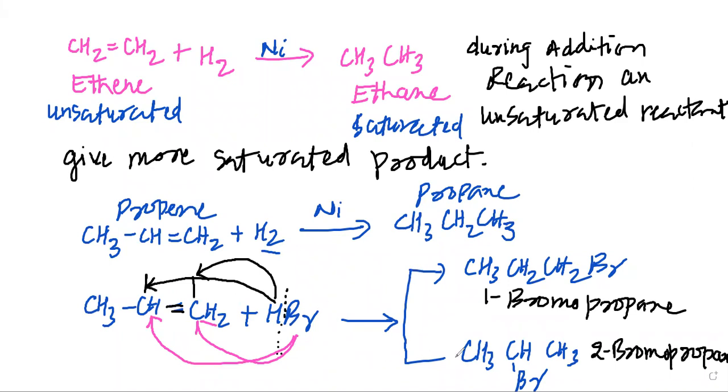To understand this, my dear students, we need to understand the mechanism of this kind of reaction, which is known as the addition reaction. So let us study the mechanism of the addition reaction.